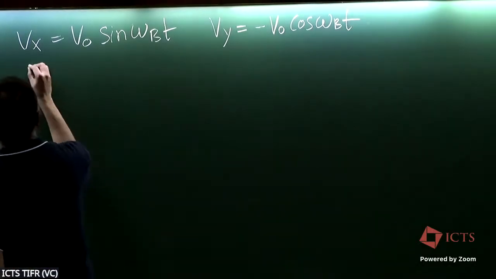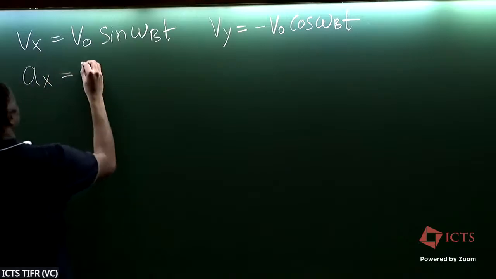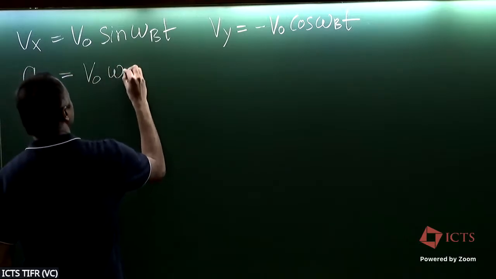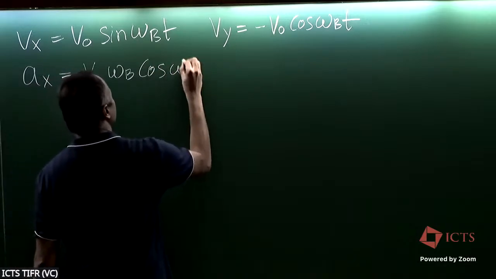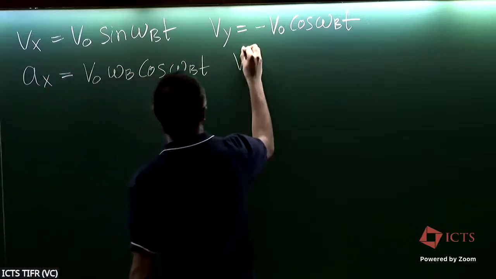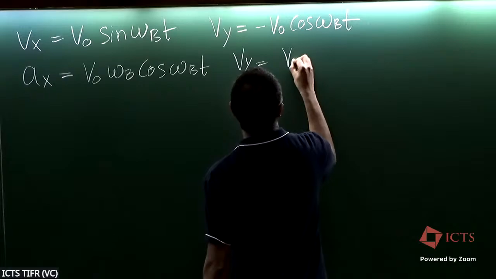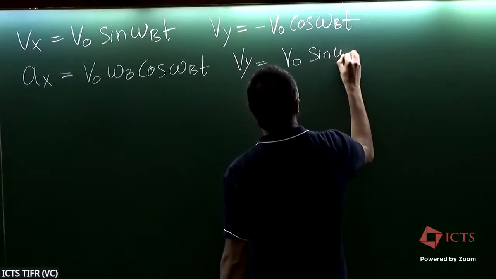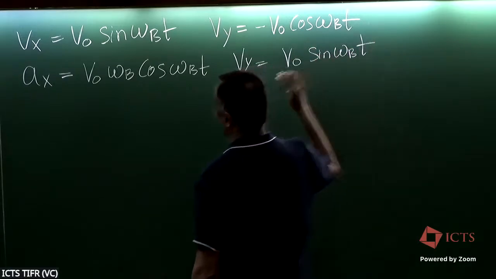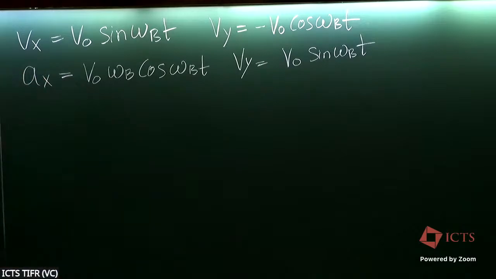So that velocity gives you an acceleration. Now that accelerating electron must radiate because it's accelerating. So let's look at what the radiated fields will look like.